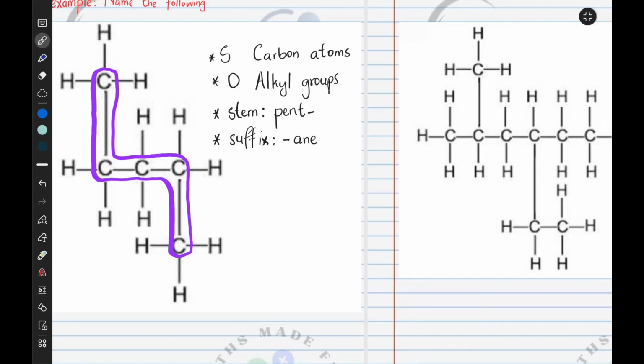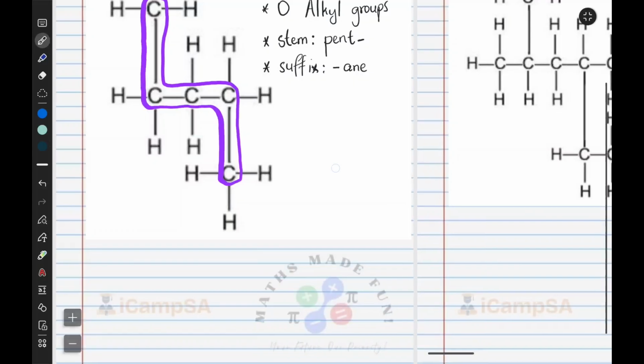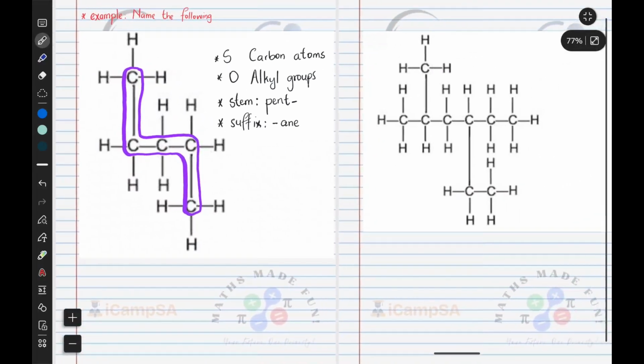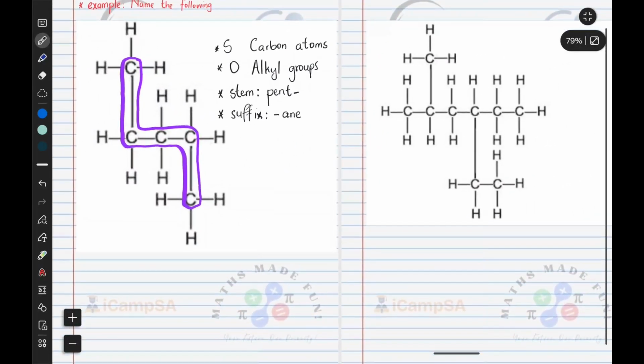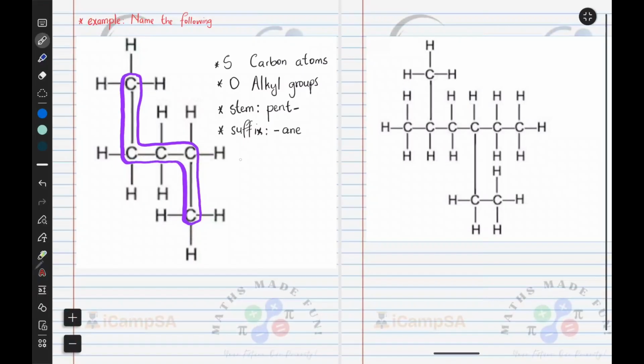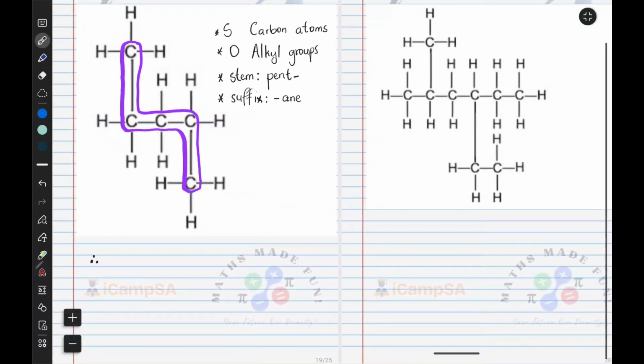Alright, so this is the information that we have. Now, since it has no alkyl groups, in fact, let me write it here. This would be a simple pentane.